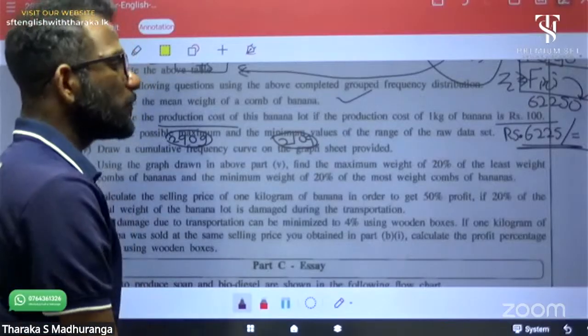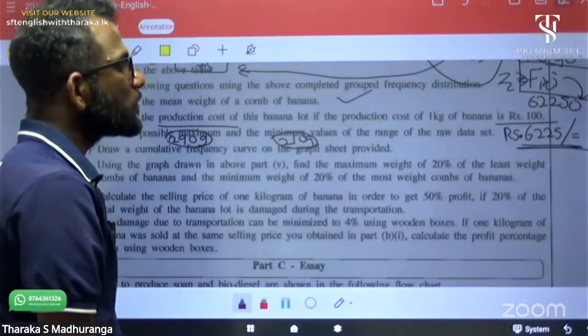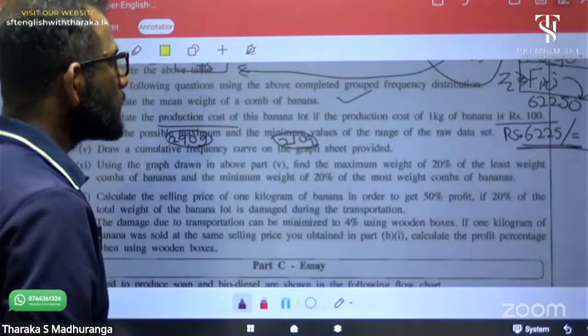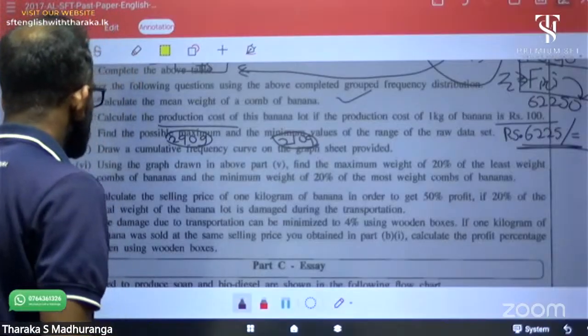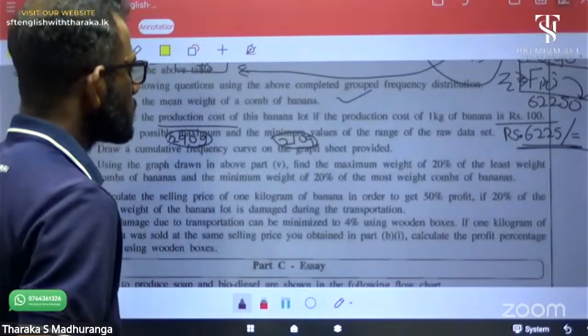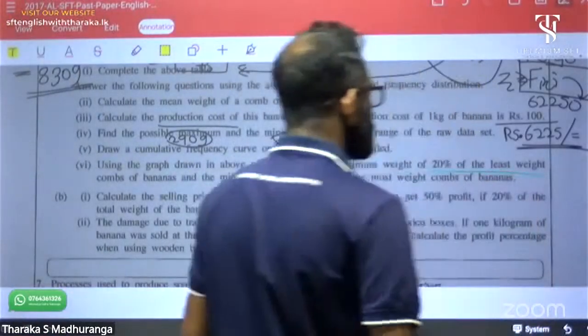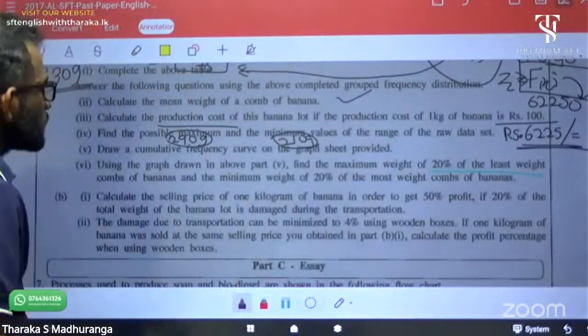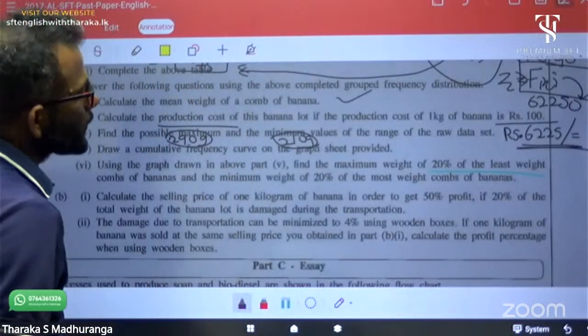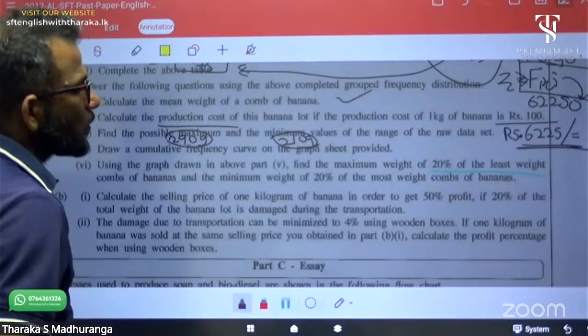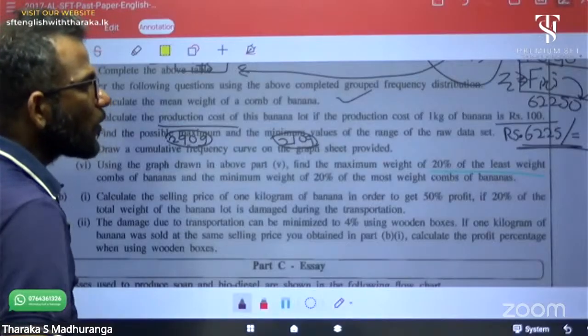Find the maximum weight of 20% of the least weight cones of banana, and the minimum weight of 20% of the most weight cones of banana.